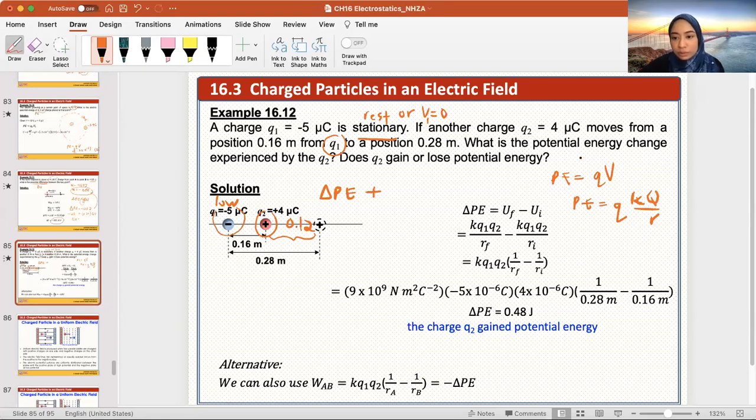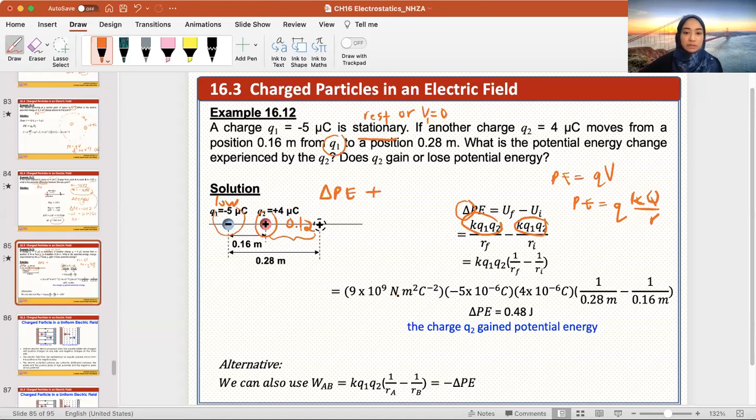So we can use either equation. UF is kQ1Q2 over RF minus kQ1Q2 over R initial. We factor this out because they are the same, and we are left with 1 over RF minus 1 over RI. So just plug that in.